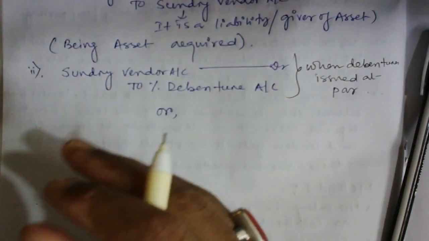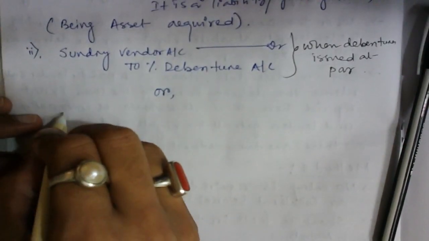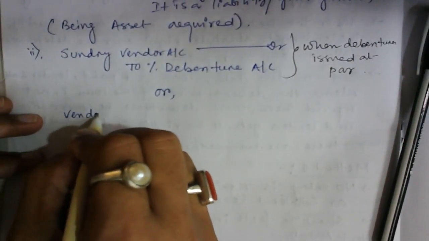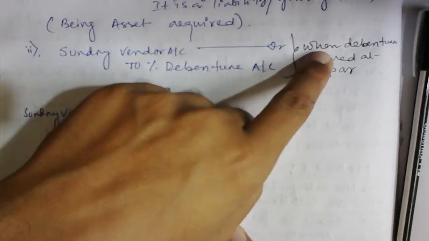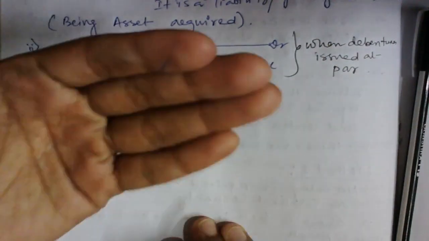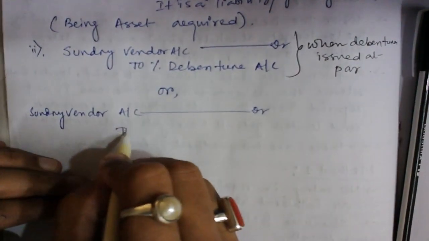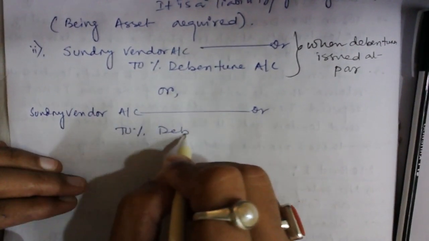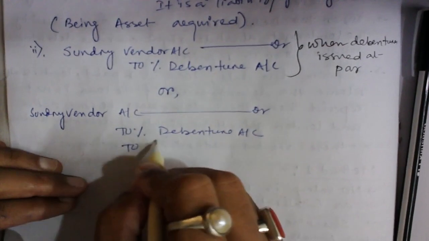Now let's say if the debenture is issued at premium, then what will be the entry, sir? When debenture issued at premium, sundry vendor account debit to percentage debenture, to securities premium.